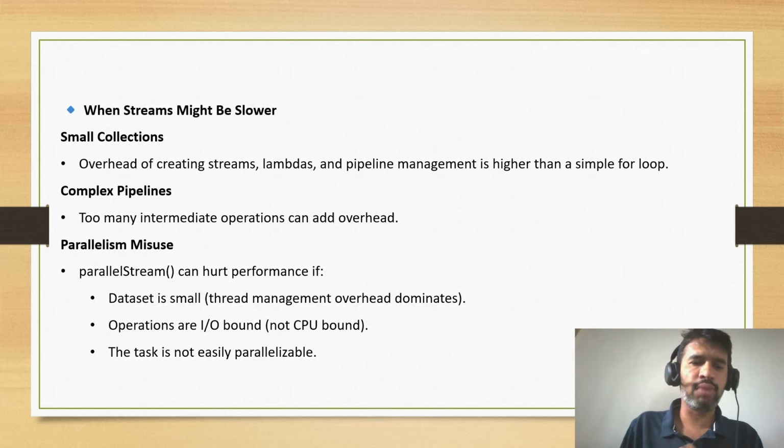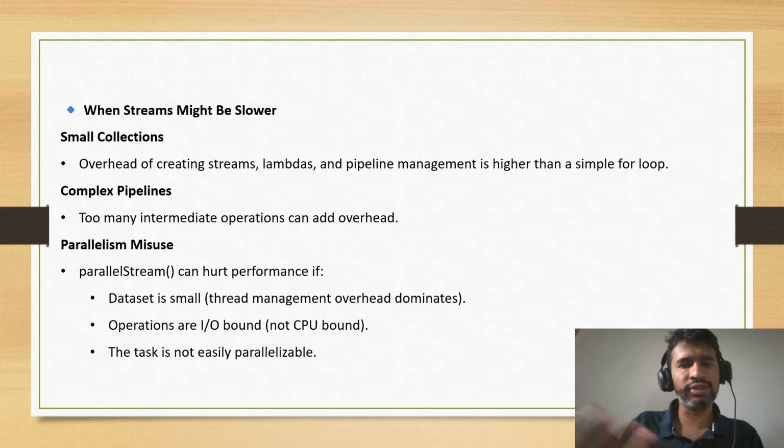If operations are IO bound, even with parallel streams the problem is that threads can't execute; they have to wait for the IO to respond. Only if it is a CPU bound operation are parallel streams faster. Sometimes the task is not easily parallelizable, and in those cases parallel streams will also not be useful. So I hope you got it.